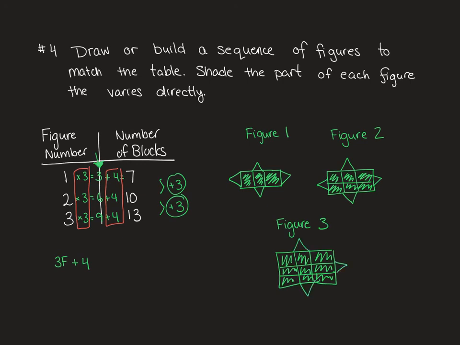So the number of unshaded triangles has never changed. That's my plus 4. Whereas my 3F are my shaded boxes. Okay, so it might help to figure out the gap is how much you need to multiply by, and then you can just figure out what's left over to get you to that original number.